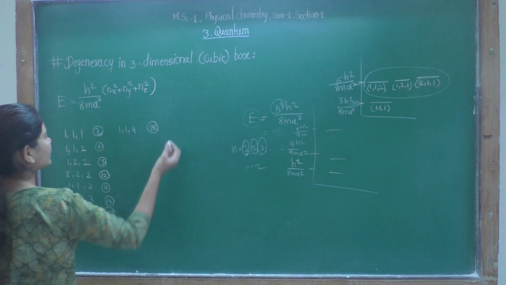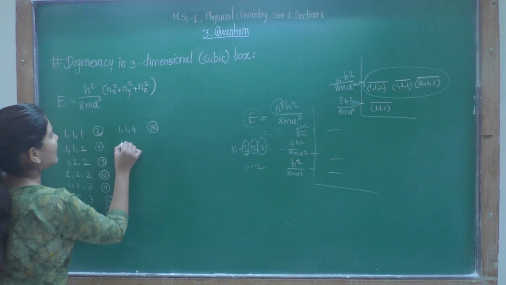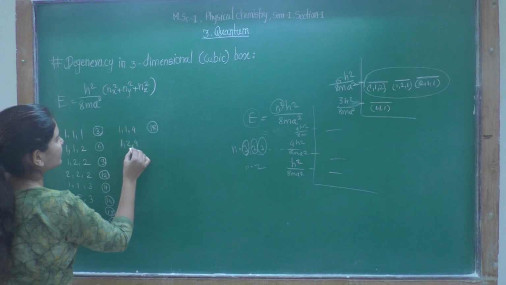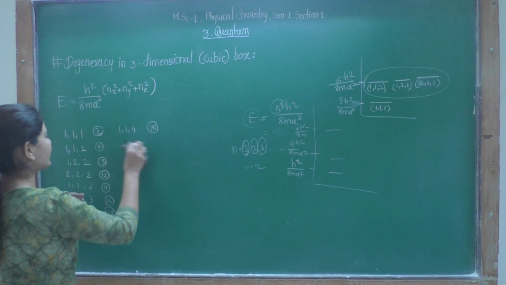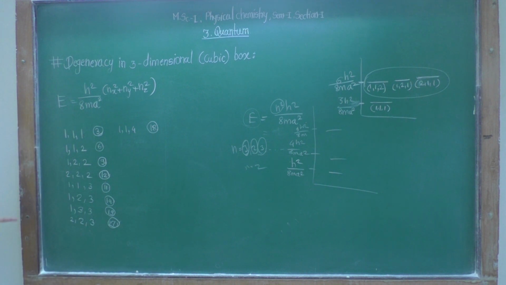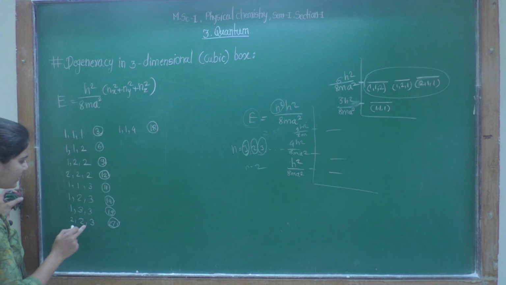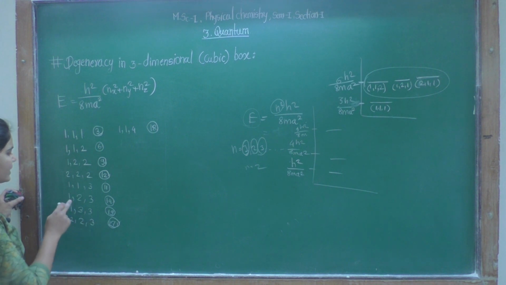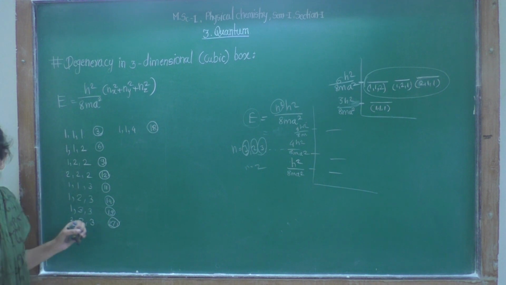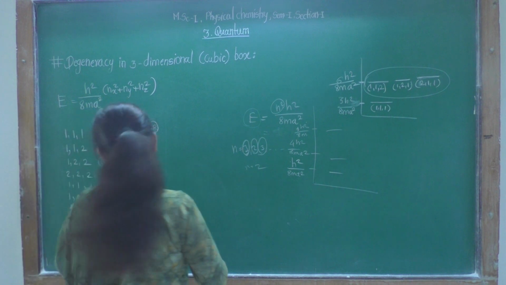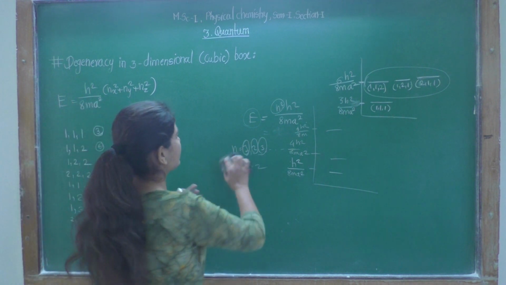If you want, you can add 1, 2, 4, but no, it will be too high. So these many levels are possible. Any extra combination? 1, 2, 3 is already there, 2, 2, 3 is there, 1, 1, 3 is there. That's it. 18 is there, 17 is there, that is fine up to 19. So let's plot this.